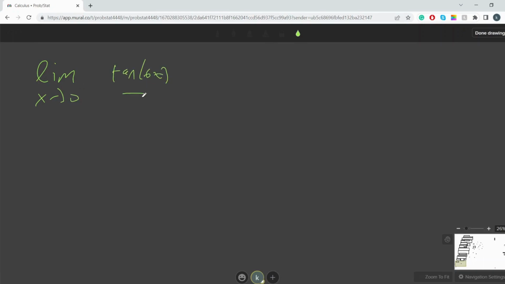So the next problem we were going to solve was this problem right here. The limit as x approaches 0 of tangent 6x over x plus x over sine of 6x. So the strategy we've seen with sums is to break up the limit into the individual pieces using the sum rule.